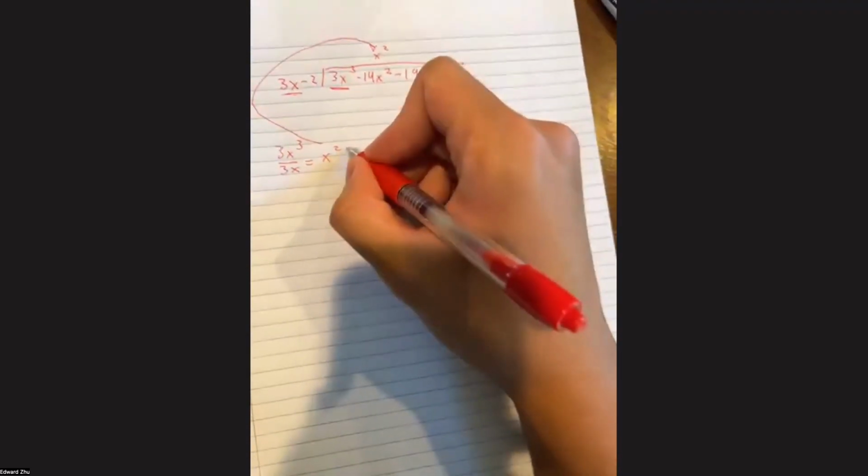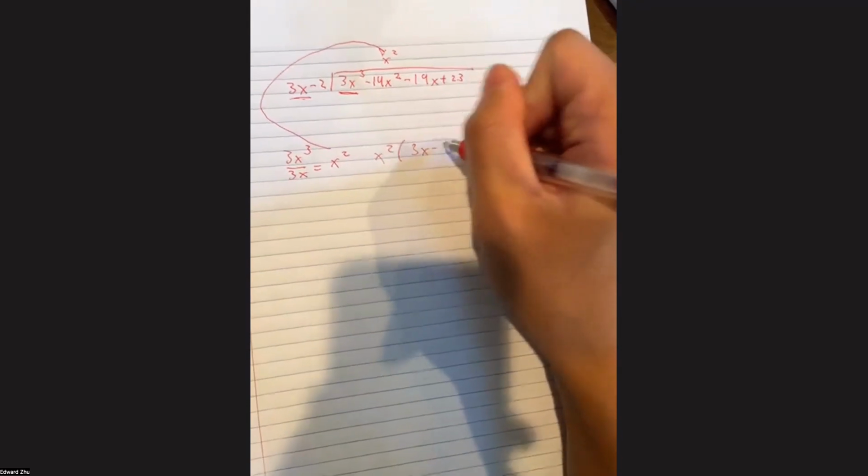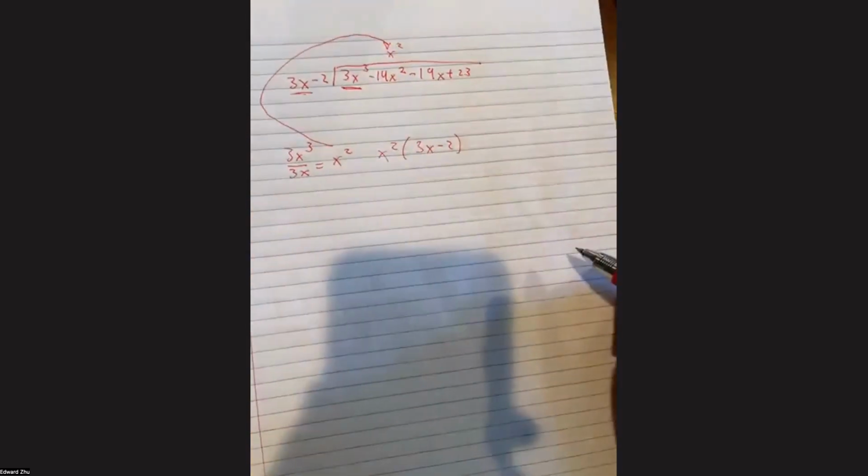And then you would take that answer and put it up here, x squared, so that is part of your answer. And then you would take x squared and multiply it by 3x minus 2, the expression you're dividing by.